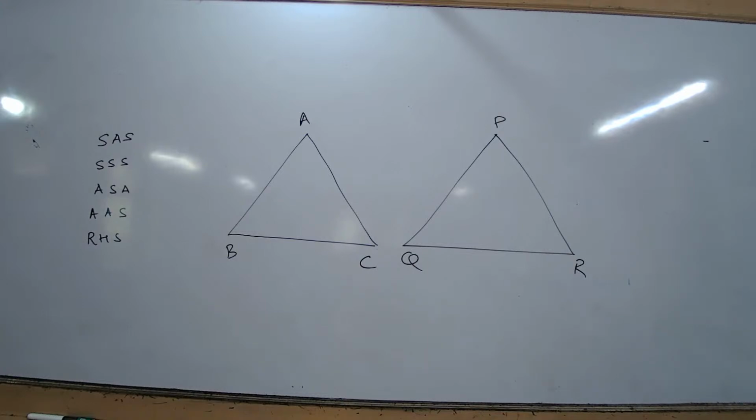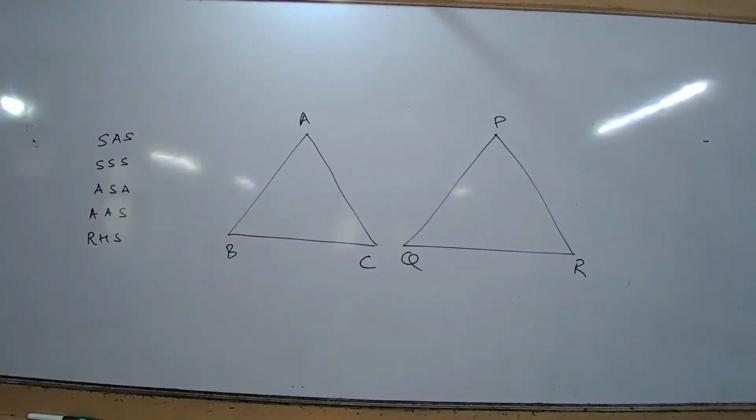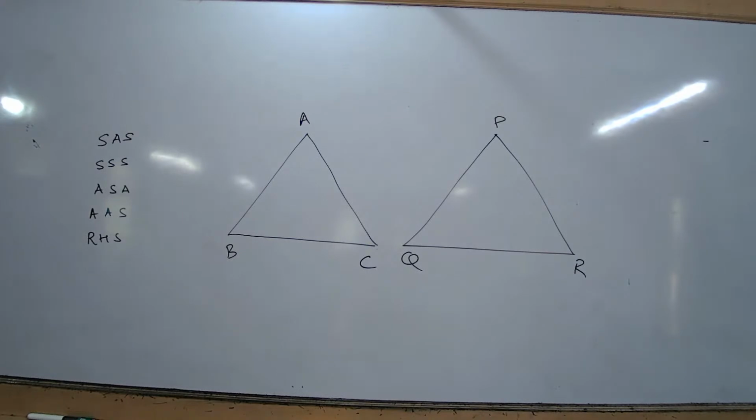Similar objects means objects of the same shape and size not necessarily equal. It means enlarged and reduced, zoom in, zoom out. Enlarge and reduce. Are you followed?